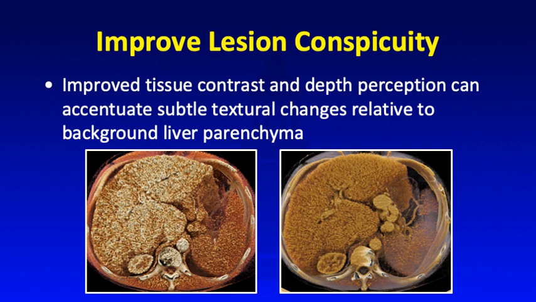Because of the different rendering techniques, we can improve the tissue contrast and depth perception, and that can lead us to accentuate very subtle textural changes relative to the background parenchyma. In this example of a cirrhotic liver in both arterial and venous phase images, cinematic rendering can really accentuate the surface nodularity of the liver and also the micronodular parenchymal pattern of the cirrhotic liver.